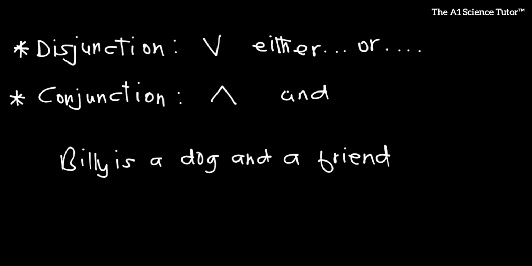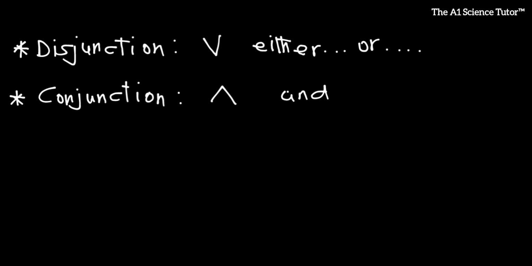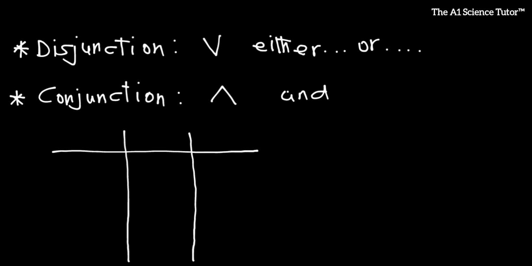Okay, so let's see how the truth table for conjunction works. So let this be the first one, statement this, and then let's have P with this one. Now let's say the first statement of P has a truth value of true, and this one the truth value of true also, and here false and false.